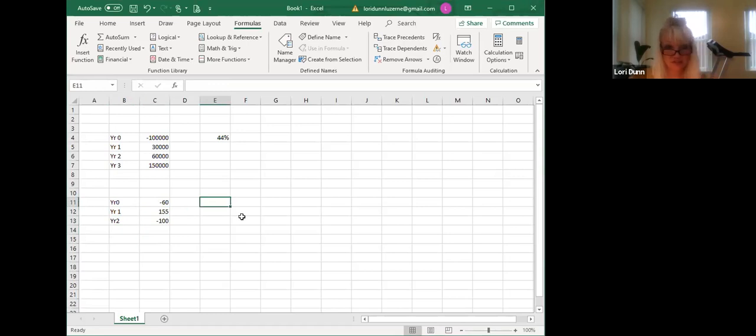Okay, so if we just did the IRR here and cite C11 through C13, it would tell us that the internal rate of return is 25%. And that is correct. That's one of them. But we know when cash flow changes, there's going to be more than one. So now we should start searching.